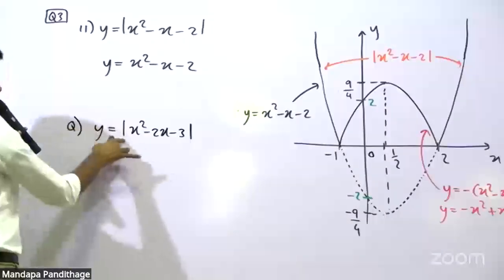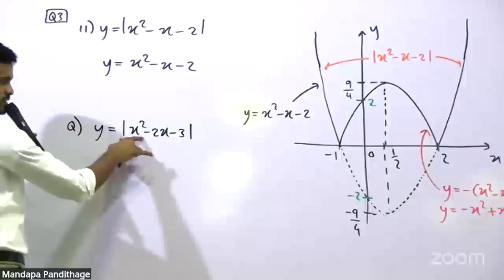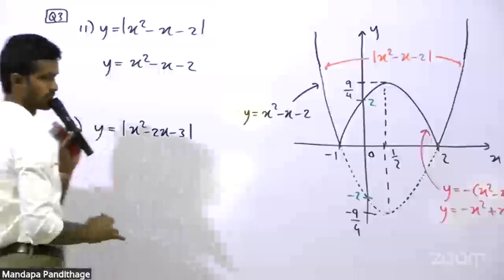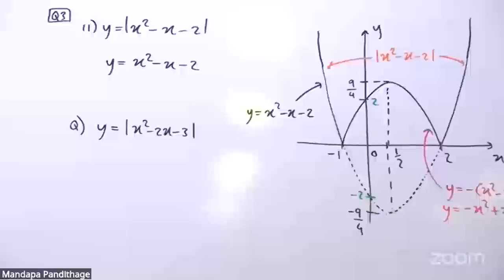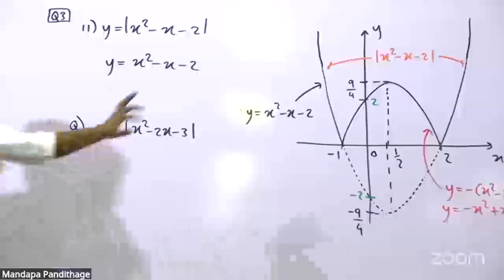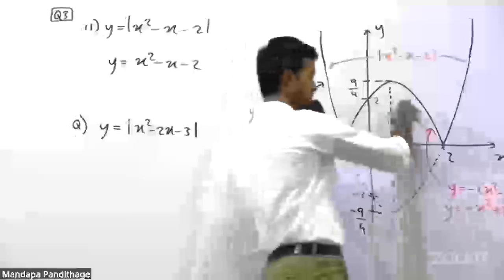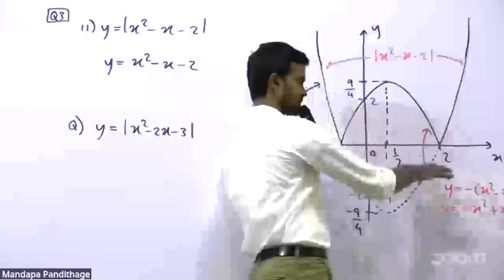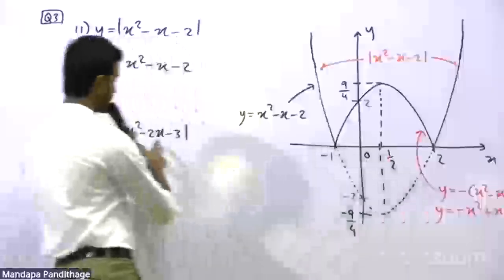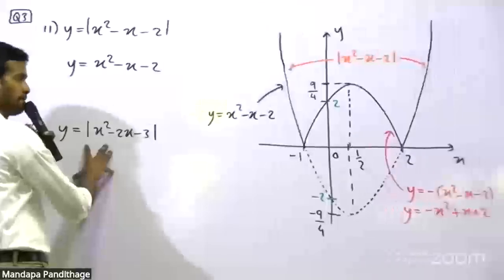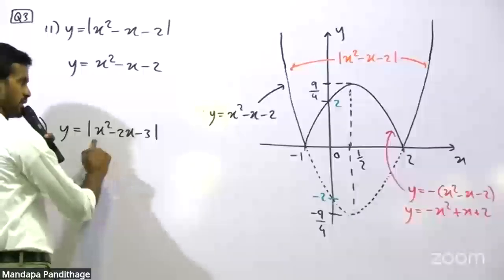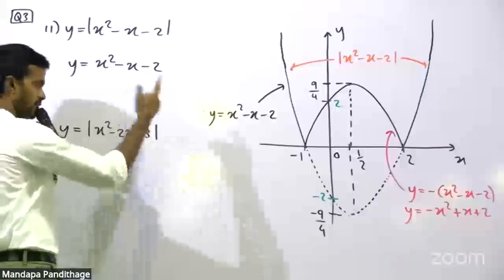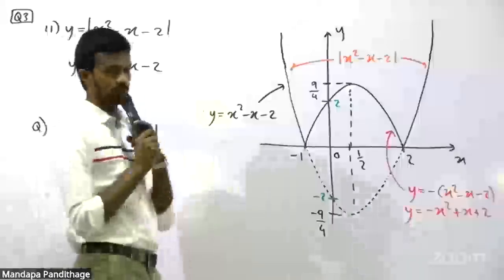Draw the modulus graph of this one, because we have already sketched the quadratic graph of this. So the main thing is to write in the equation, because even the equation gets a minus. So after this, draw the modulus of this one, and you can directly get the graph because we have drawn that before.